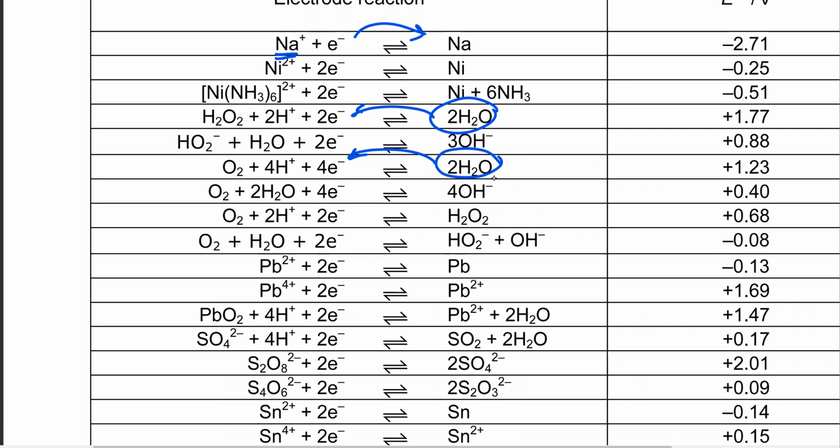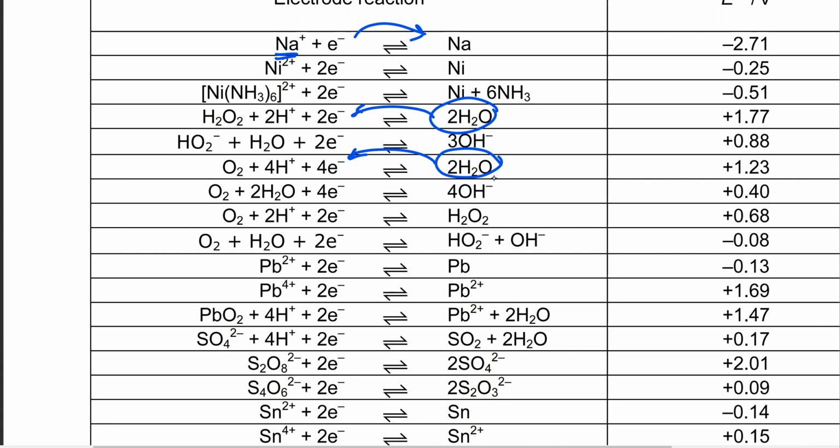Let me copy the equations. The first one is two water molecules losing electrons to form H2O2 plus 2H plus 1, plus 2 electrons. The value is 1.77 volts.